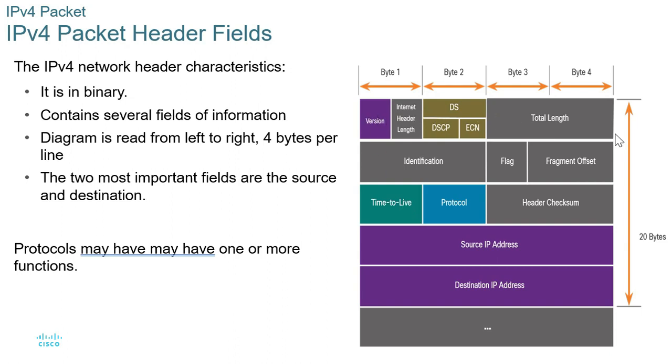So kandungan header ni is being stored dalam bentuk binary, tetapi untuk manusia kita boleh baca field ni dalam bentuk hexa, dan kita juga boleh gunakan tools seperti Wireshark untuk baca nilai dalam bentuk desimal yang lebih mudah kita fahami.